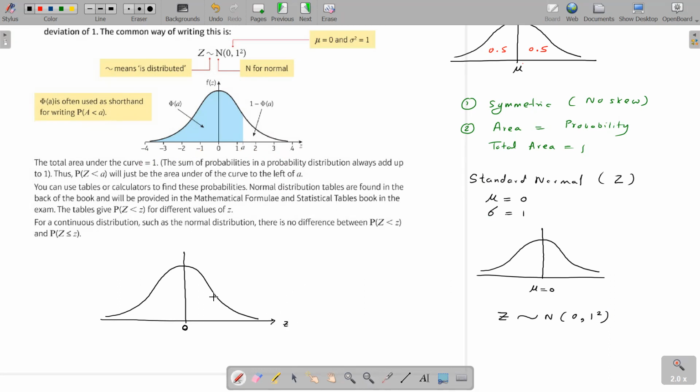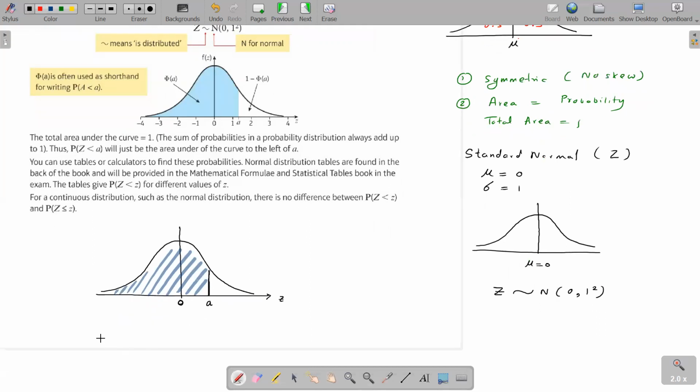Let's say there is some value here, which they've named A. The area behind this particular line is defined as the probability that your variable capital Z is lower than A.